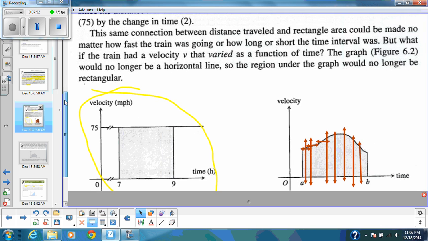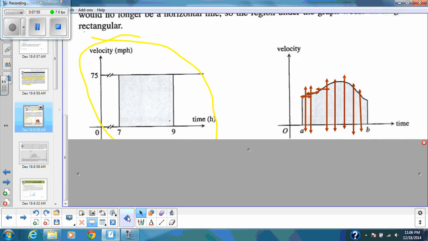I'll give you some better diagrams in a little bit, but that's the idea of what we're going to be covering today: if I can find the area of this rectangle and this rectangle, and add those all up, that's going to give me an approximation for my distance traveled, and I get that from knowing the time and the velocity function. So I'm relating time and velocity to get distance traveled over that time.